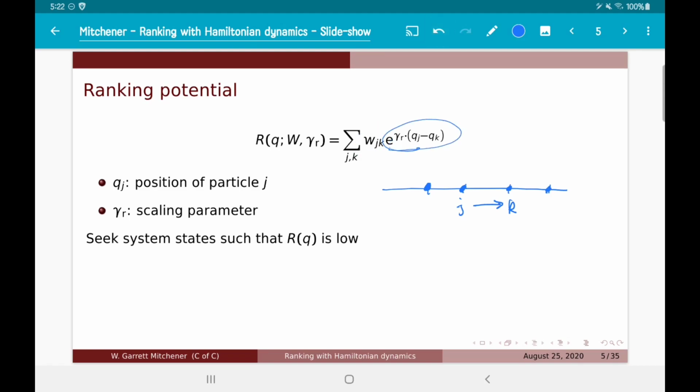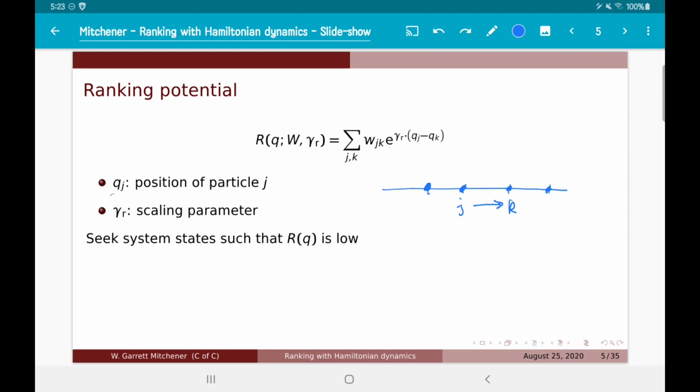Again, the exponential terms are there to represent the fact that if item j is supposed to be to the left of item k, then this difference will be negative, which means that this exponential term will be a small magnitude positive number, which contributes very little to the energy. Whereas if the two particles are in the opposite order, then this difference will be positive, and the exponential term will be a large magnitude positive number, high energy.